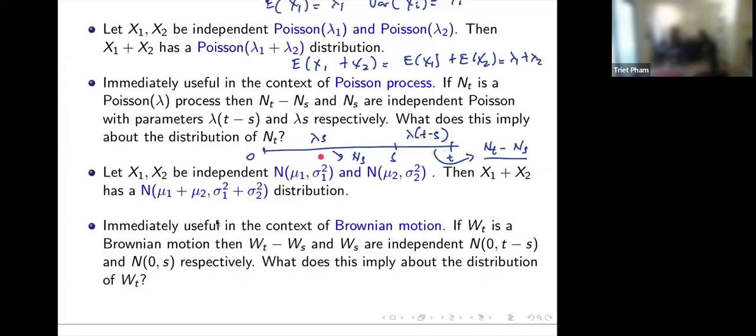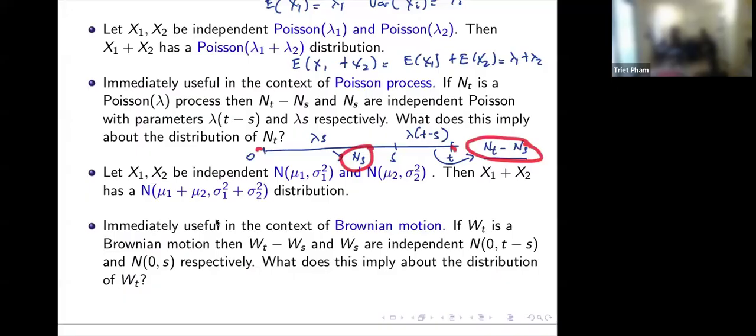So this we're explaining in the language of modeling, but in the language of random processes, what we're looking at is the so-called increment. This is the increment of the Poisson process from S to T. This is the increment of the Poisson process from 0 to S. And of course, it sounds like a truism that if you add the number of arrivals here plus the number of arrivals here, you get the total number of arrivals.